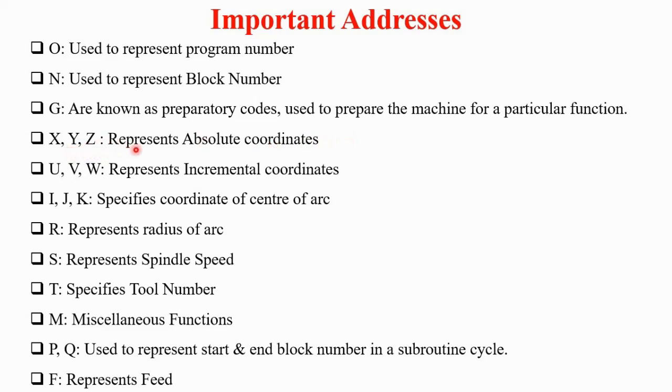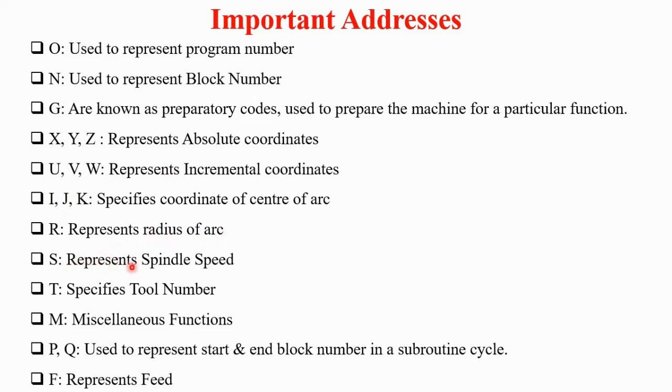Then X, Y, Z represent the absolute coordinates of the workpiece. In the absolute coordinate system, X, Y, Z are used to represent the coordinates, and U, V, W are the coordinates used in the incremental coordinate system. I, J, K are used to specify the center of the arc. Then R represents the radius of the arc.